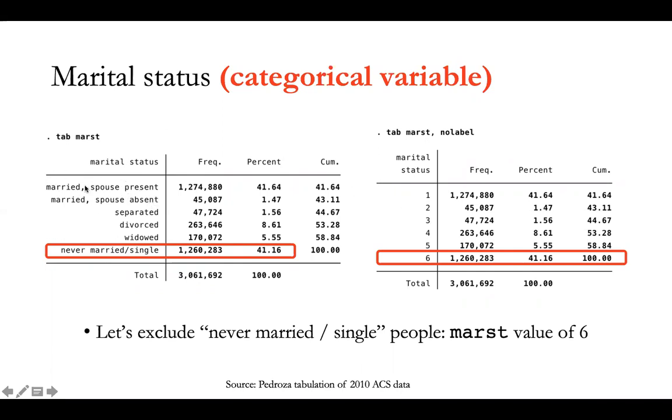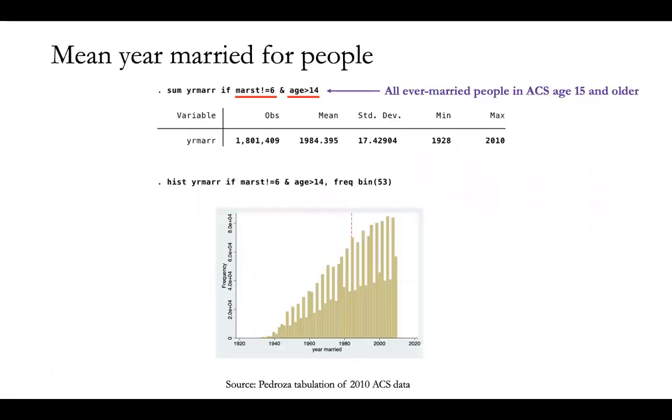And you can see that married spouse present corresponds to a value of 1, and never married single corresponds to a value of 6. This is why Stata thinks that it can calculate a statistic for this variable, even though we know it's not meaningful. So be careful not to summarize categorical variables, even if they've got an underlying numerical value, because what you really want to do is tabulate these categorical values.